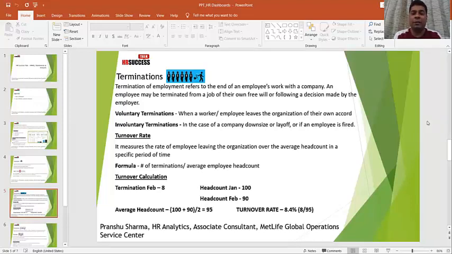If you want to calculate turnover rate for the month of February, suppose the terminations for February are 8, and the headcounts as of January and February are 190. You simply divide the headcount by 2 to get your average headcount, and then divide the total terminations by it, and you will get the turnover rate for that particular month.